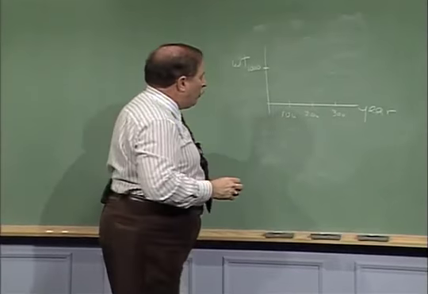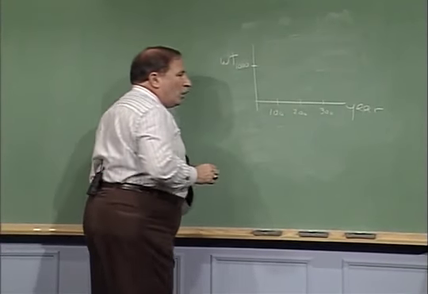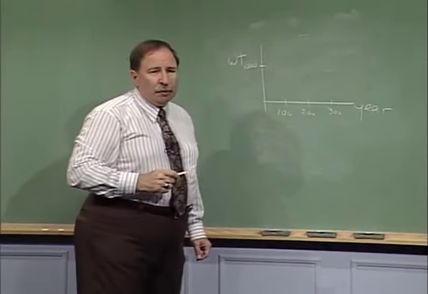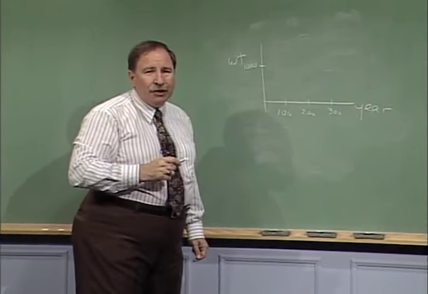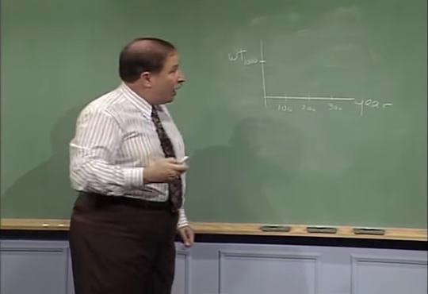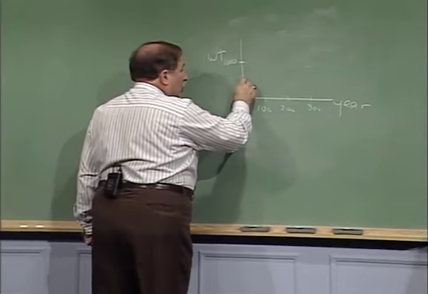At the end of one half-life, we would have half as much. That 1,000 will be multiplied by 1/2 to the x, where the x would be the number of half-lives, in this case one half-life, and 1,000 times 1/2 would be 500.